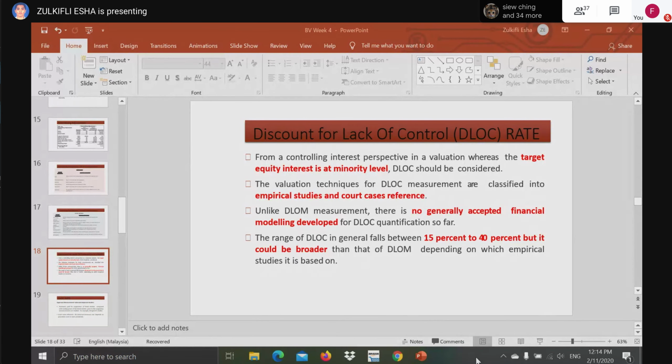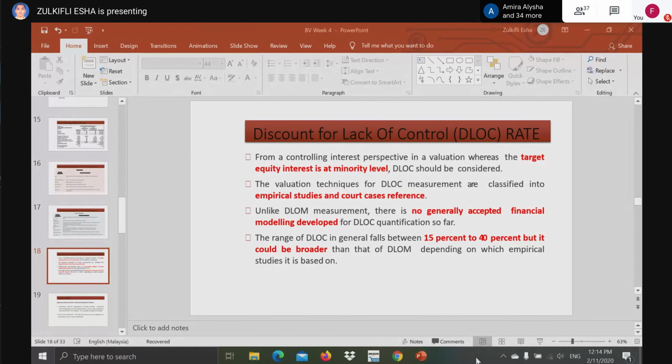I'm not sure whether you are all aware that in some companies there are minority and majority shareholders. For minority shareholders, definitely they will have no control over the company. So that's why we need to give some discount for lack of control when we are valuing their interest.